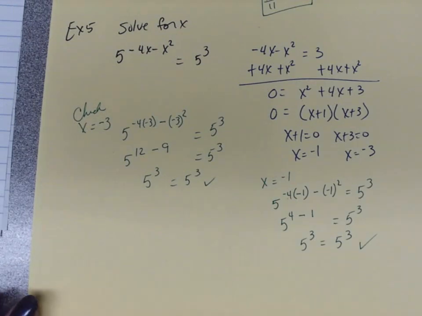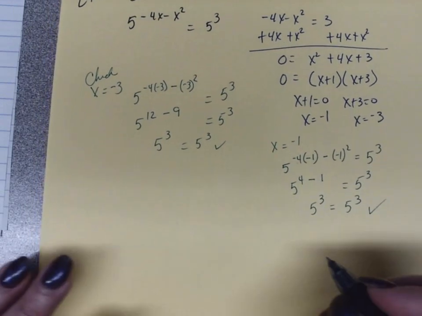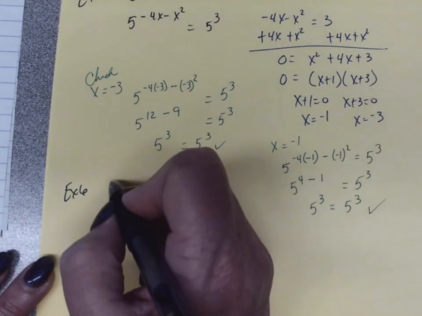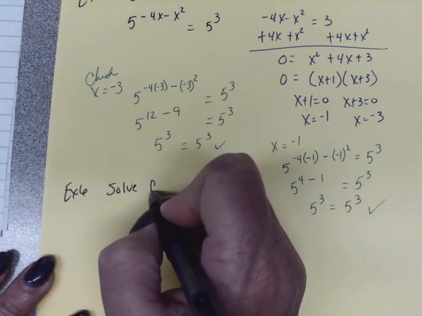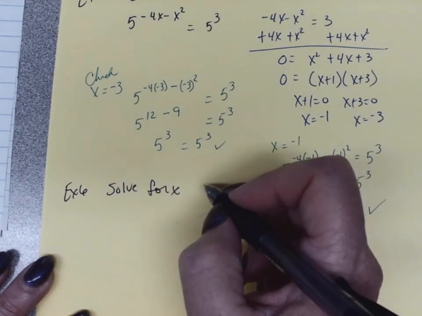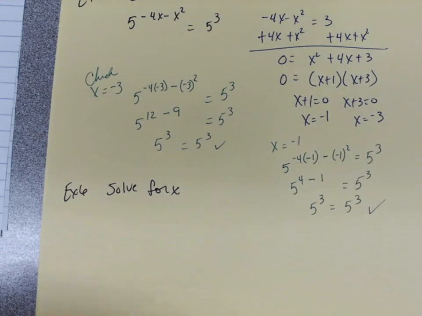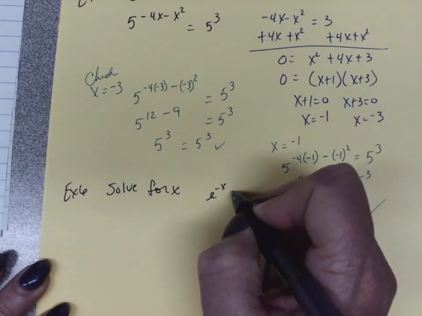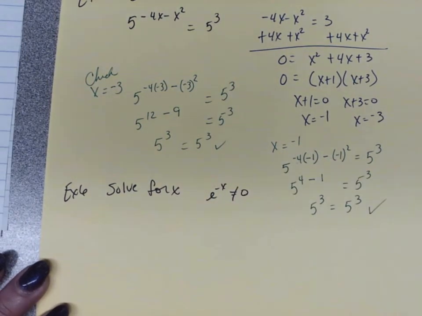All right, we are looking at example 6. So for example 6, again, we're going to solve for x. And we're going to remember that e to the negative x cannot be equal to 0.